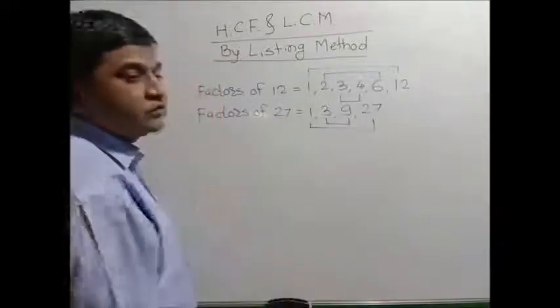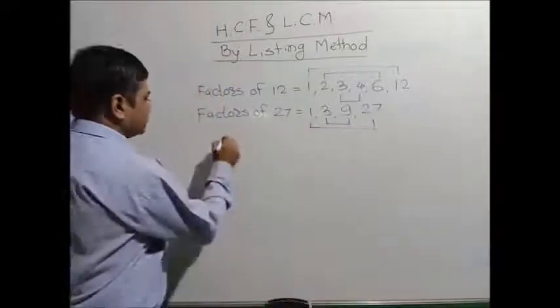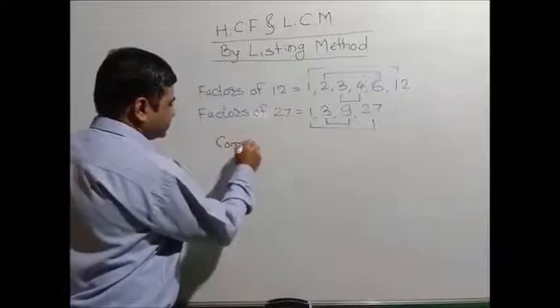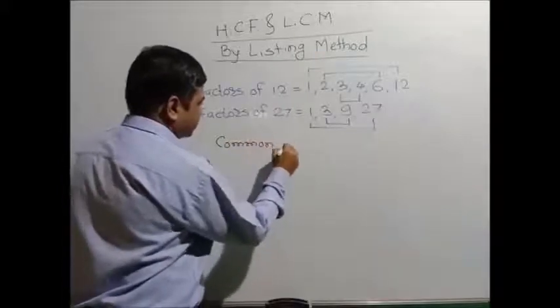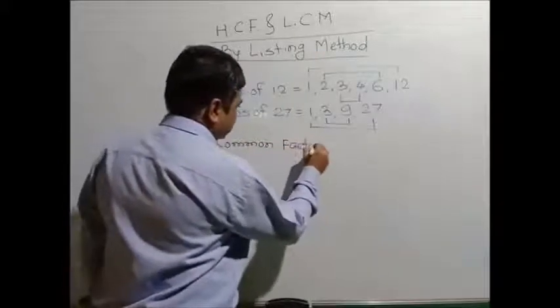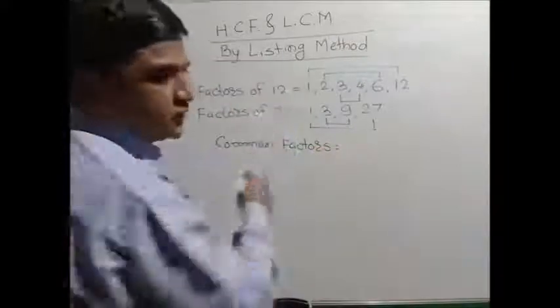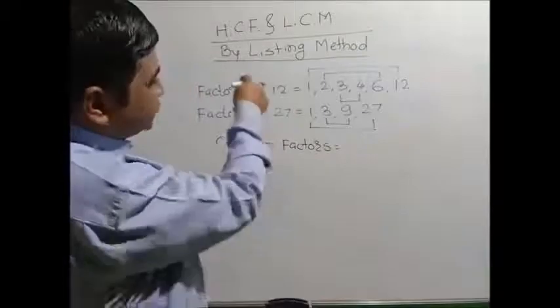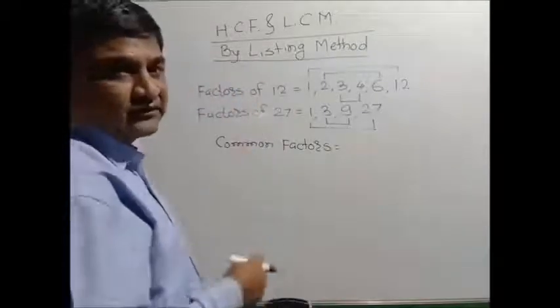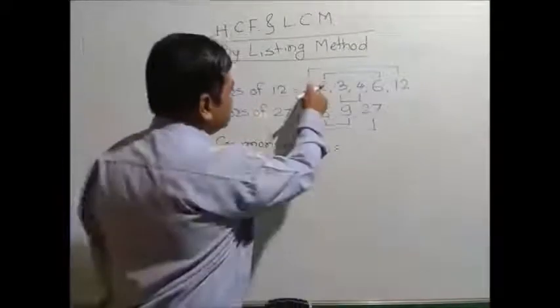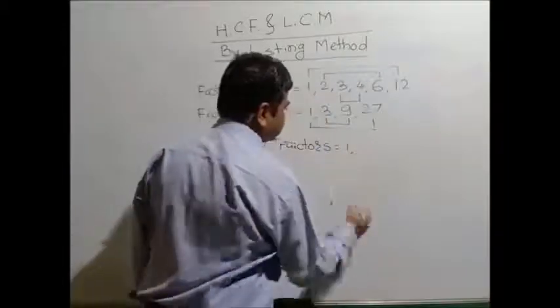Now we will list out the common factors. Why common factor? Because these common factors will be all the factors which are common to both the numbers. They can divide both the numbers exactly without leaving any remainder. For example, 1 is there. 1 can divide both the numbers.